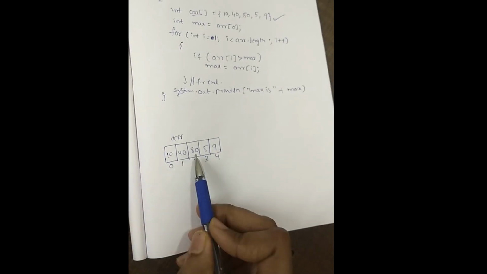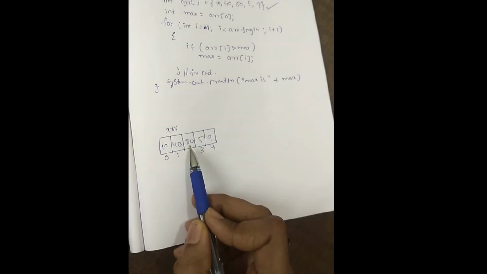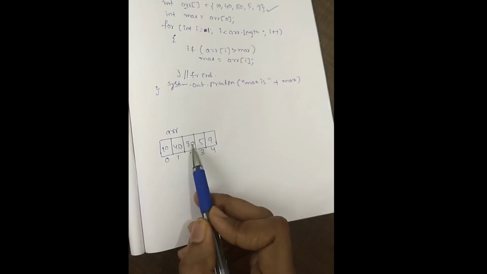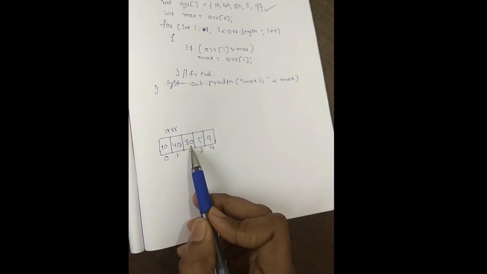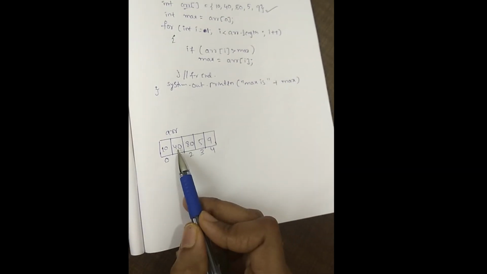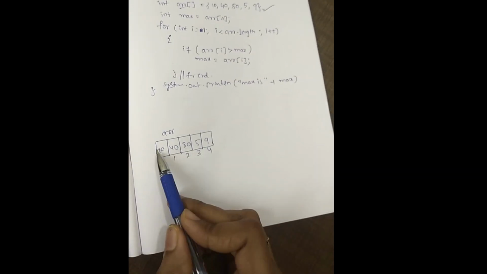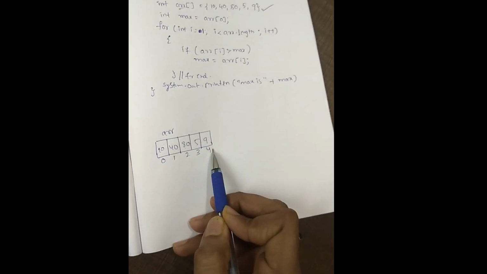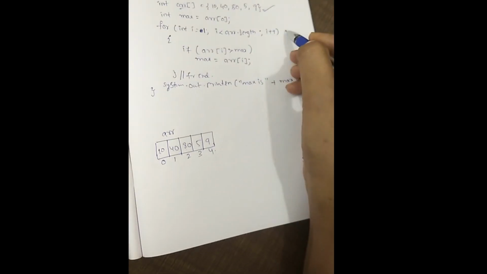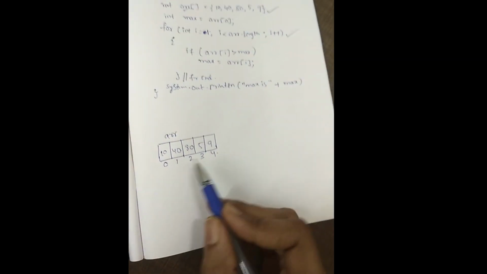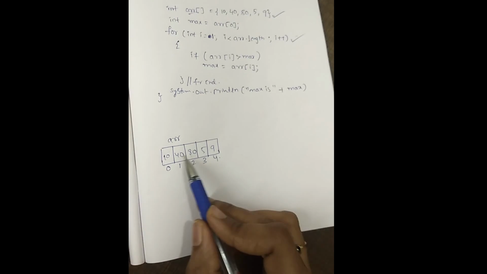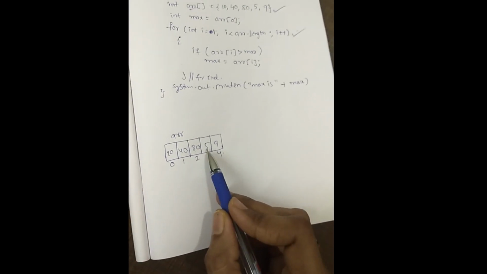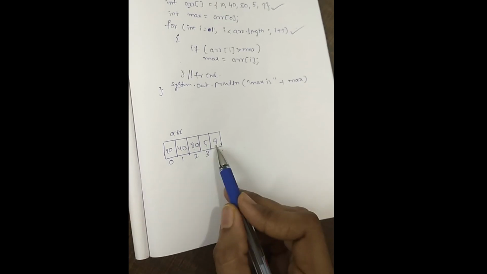When you are thinking 80, you already traveled the array up to the third element, right? That means we have to travel the array from the beginning to the ending. That's why we are including a for loop here. And on what basis is 80 the largest number? You already compared these two values also with the largest number.